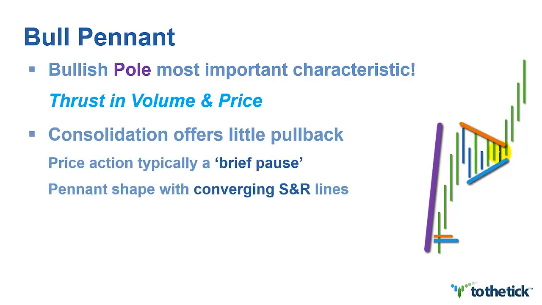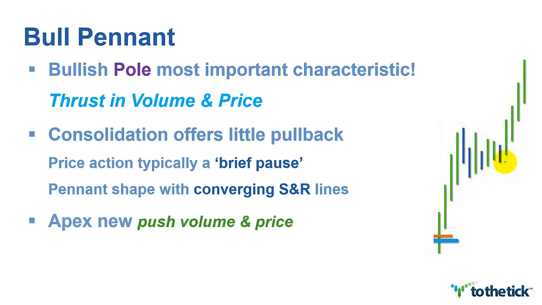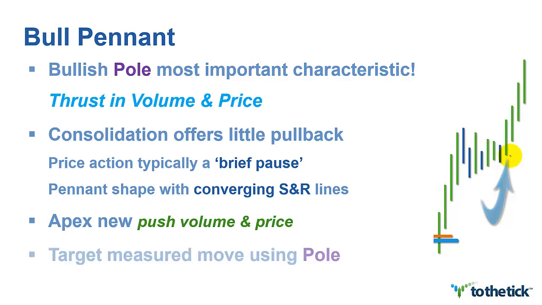We're looking for it to be brief, 2 or 3 swings max, little in the way of a pullback, converging support and resistance lines, and then looking for the apex to push to new volume and new prices and get another surge out of those trending bullish support. And we're going to target that measured move and take that entire length of that pole as our next target area.